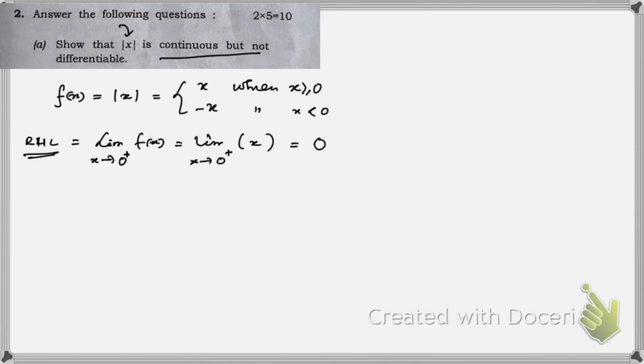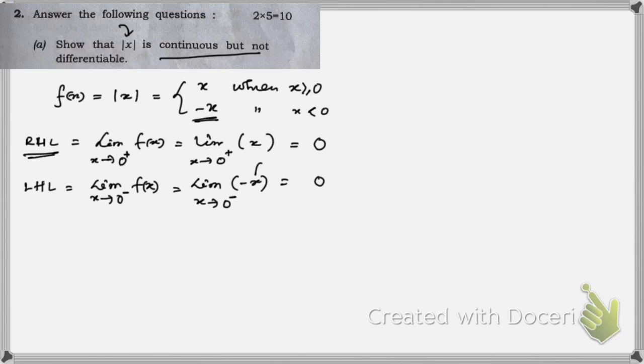Similarly, if you find the left hand limit, x tends to 0 minus of f of x, for the left hand limit we have the value minus x, right? So x tends to 0 from the negative side, so here it's gonna be again 0, okay?